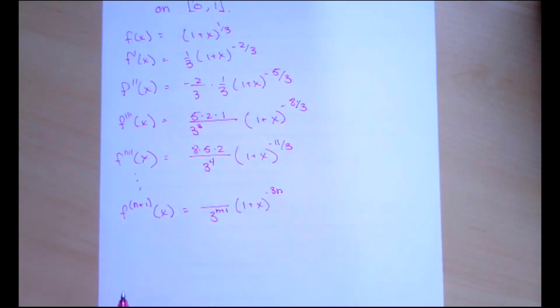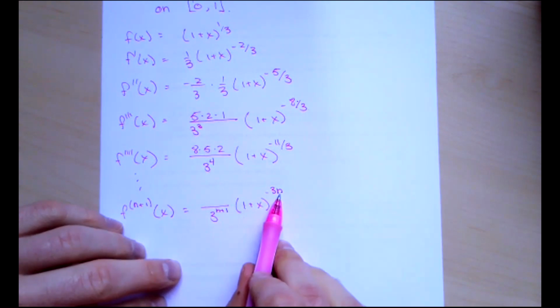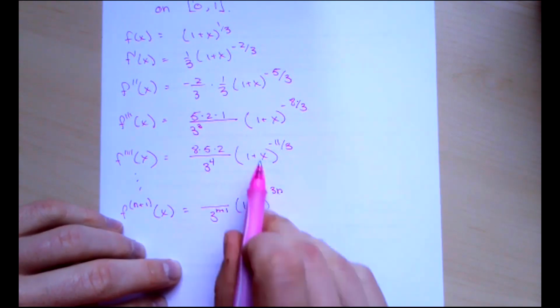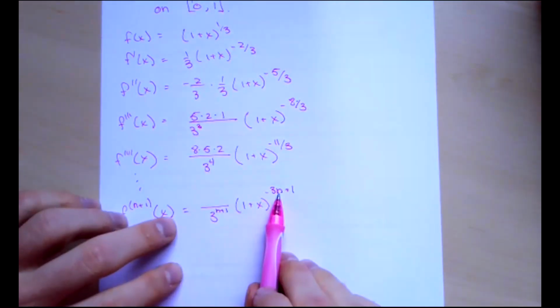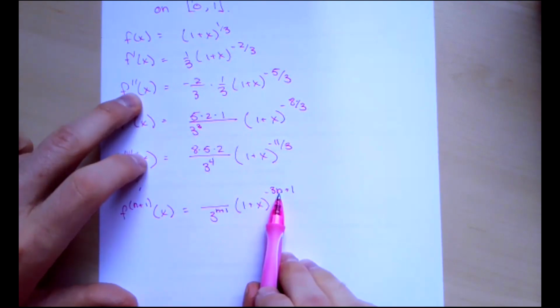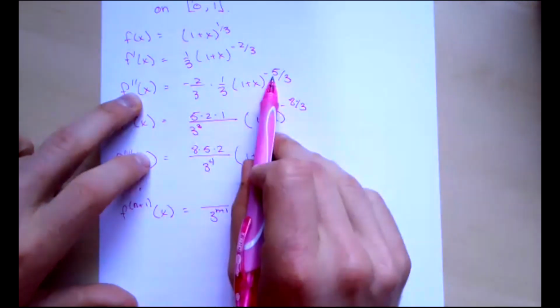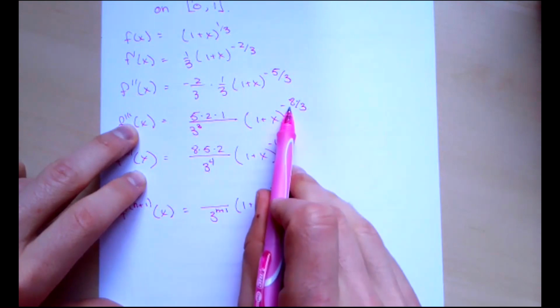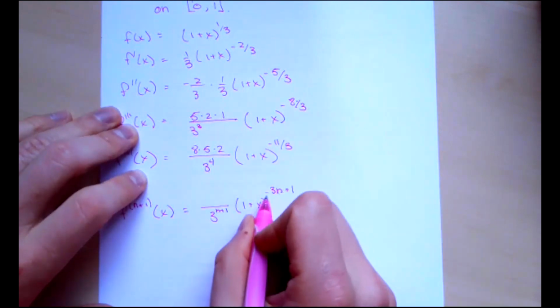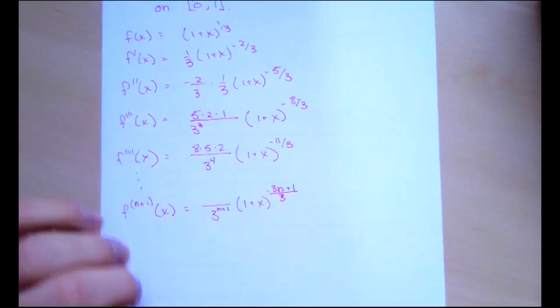So one derivative, I'm at -2. If I plug in 1 for n, I have -3. How do I get to that -2? We need to add 1. Let's check that. 2 derivatives, when n is 2, I will have -6 plus 1 gives me -5. 3 derivatives, I'll have -9 plus 1 gives me that -8. So that's the numerator of the exponent, and of course the denominator is always a 3.